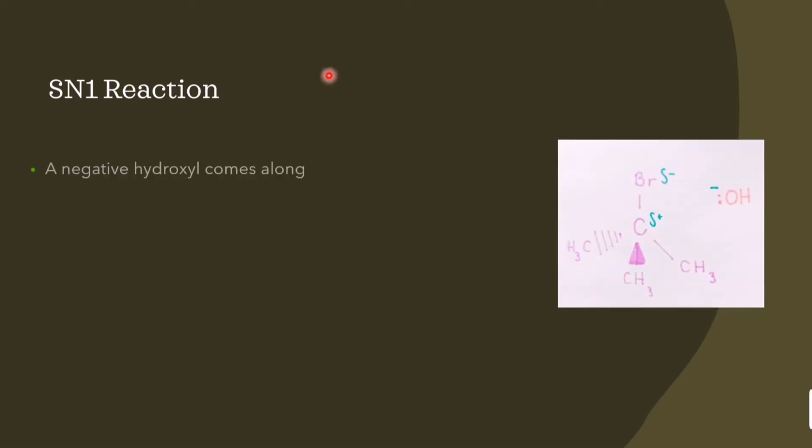So now a negative hydroxyl comes along, and this is a nucleophile. As we said before, this has a negative charge, so it's going to be an electron pair donor, making it a nucleophile. And so this wants to attack our positive carbon. And remember, our carbon has a partial positive charge because bromine is more electronegative.